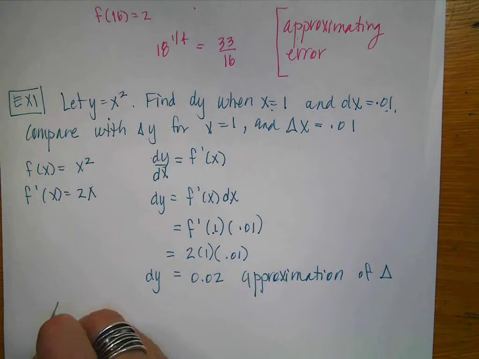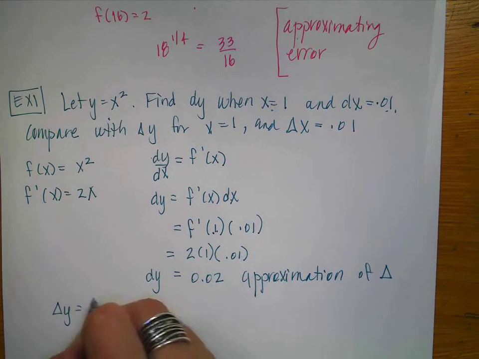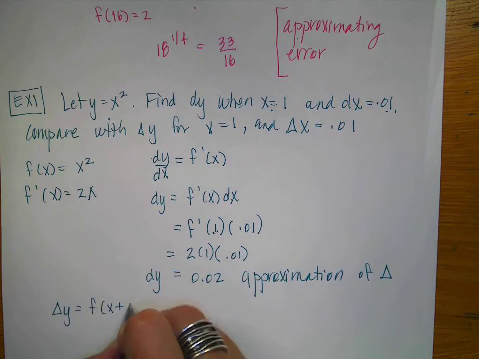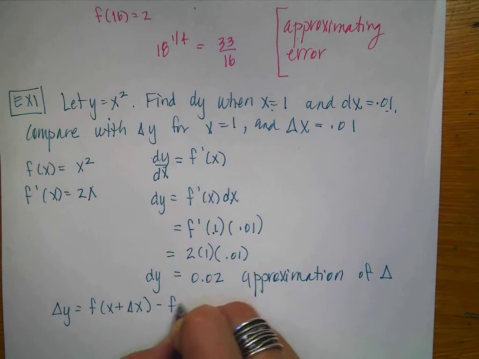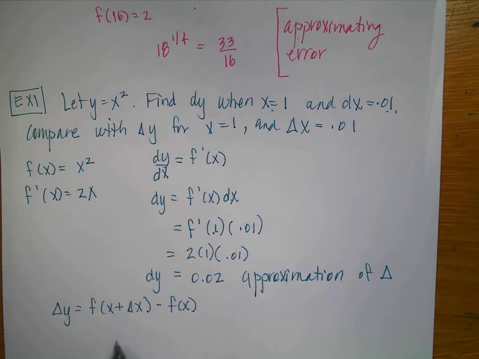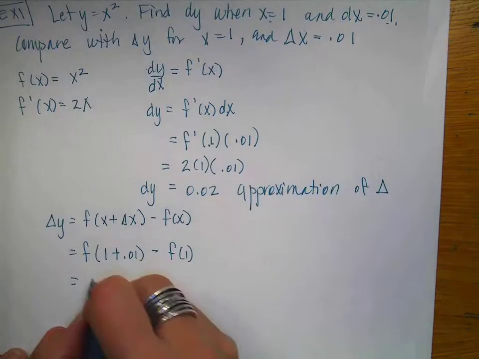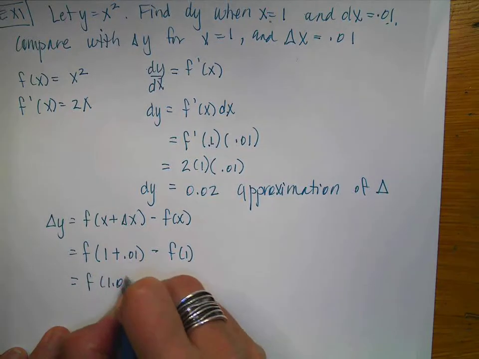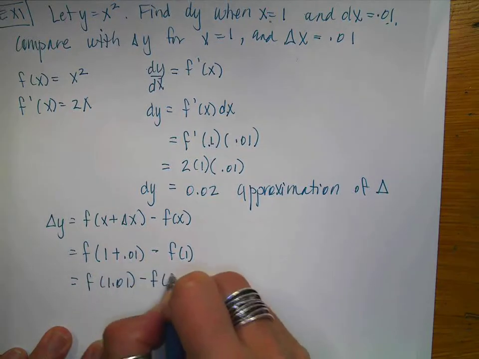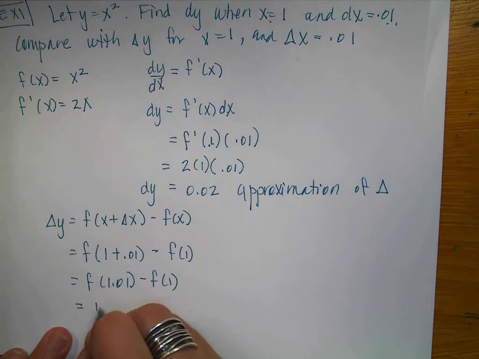Okay? So then if I do delta y, that is f of x plus delta x minus f of x. I'm just going to substitute in everything I know. So I'm starting with my 1 plus 0.01 minus f of 1. So this is going to be f of 1.01 minus f of 1.